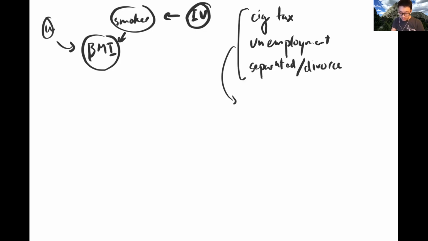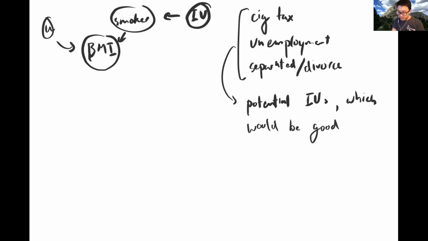So these are potential IVs. And you guys can think to yourself about which would be good instruments. And just to be clear, when I say good versus bad instrument, that's more about the validity of the instrument. And when I say strong versus weak, that's more about the relationship between your instrument and your causal variable.